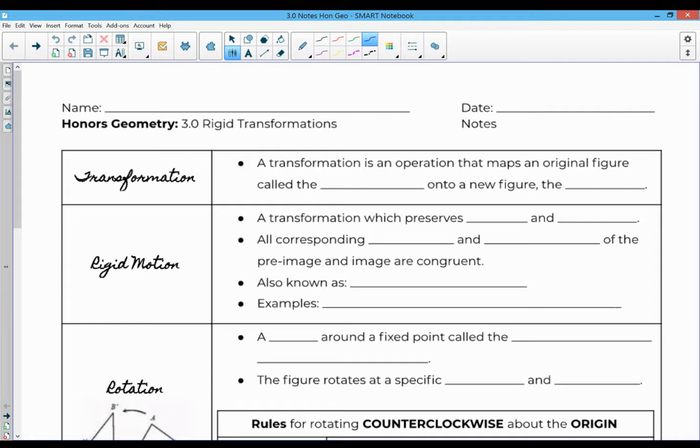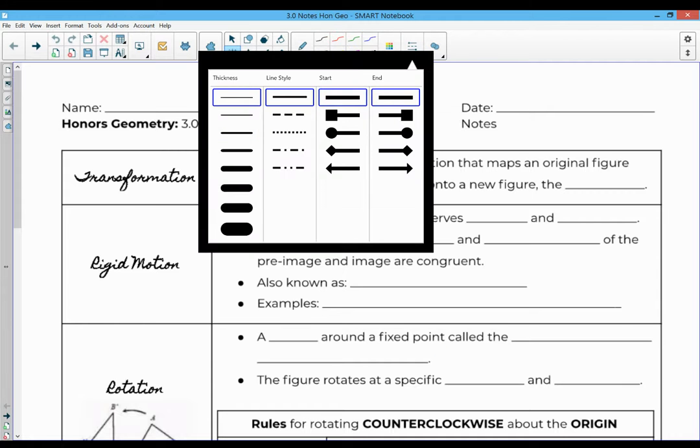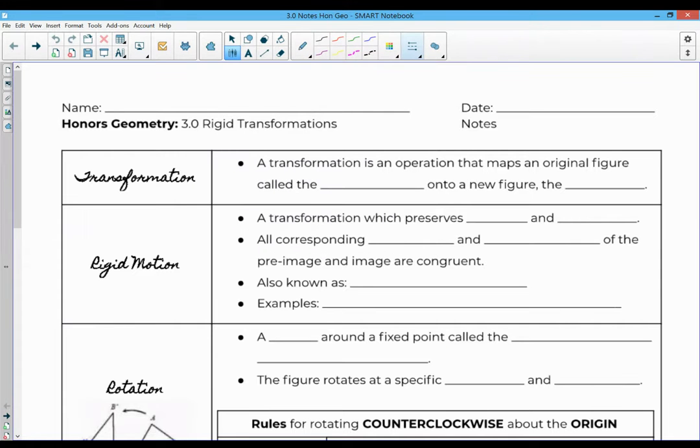Hi everyone. Today we are going to talk about rigid transformations in the coordinate plane when we have two-dimensional figures. So, to review, a transformation is an operation that maps an original figure called the pre-image onto a new figure called the image.